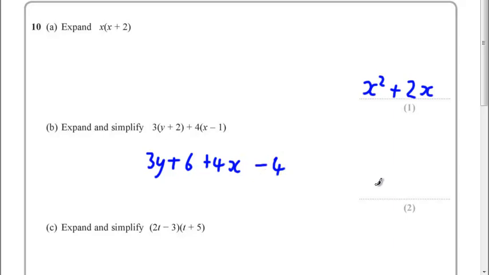Then we simplify. Collect the like terms together. If there are any, we'll put them in alphabetical order, so I think we go 4x first. This won't be absolutely necessary. Plus the 3y. And then the only thing that really changes is the 6 minus the 4, positive 2.